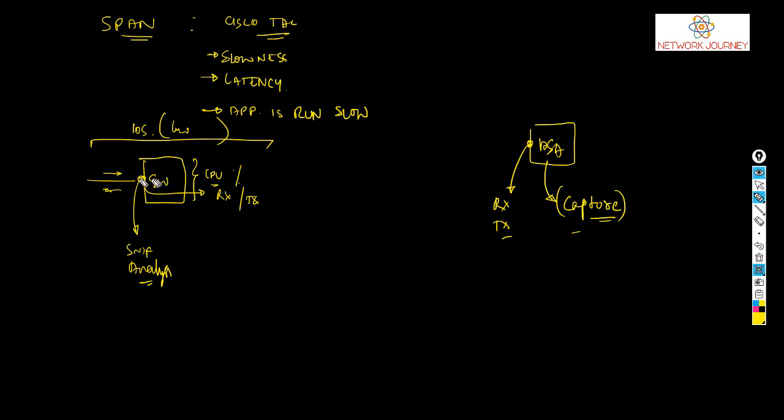Let's say these are the network devices. There is no way you can install Wireshark on them, because they are network devices.